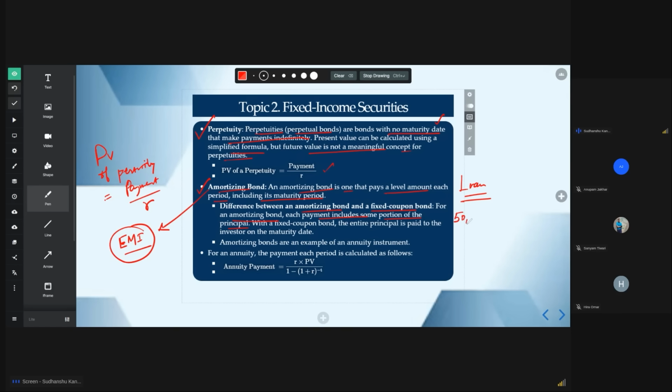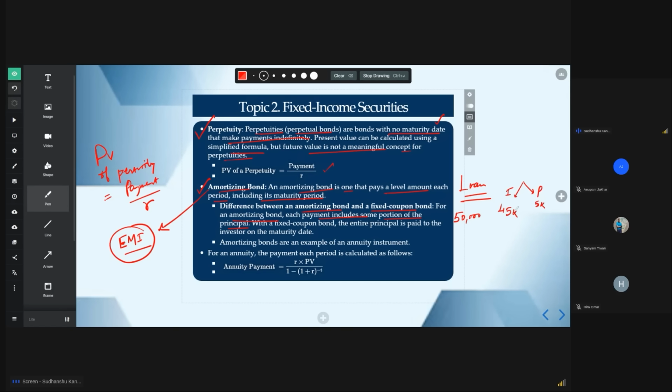The bank will say that out of 50K, hypothetically, 45K is towards the interest payment and 5K is towards the principal payment. So this is how it will move down.